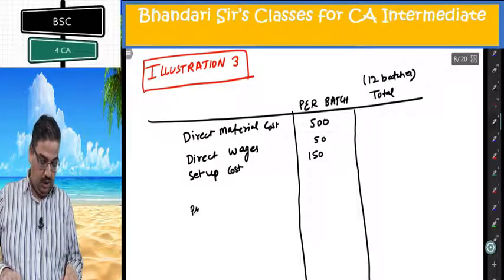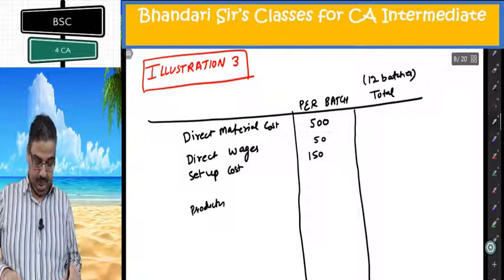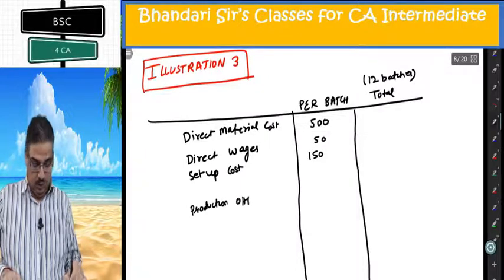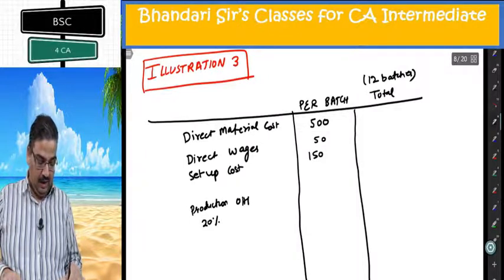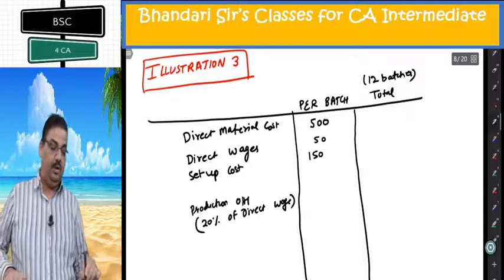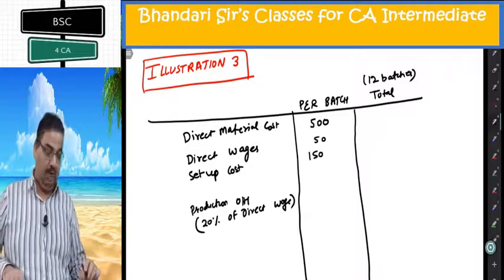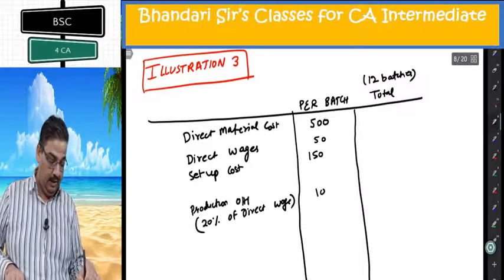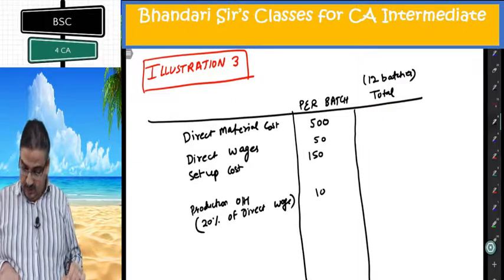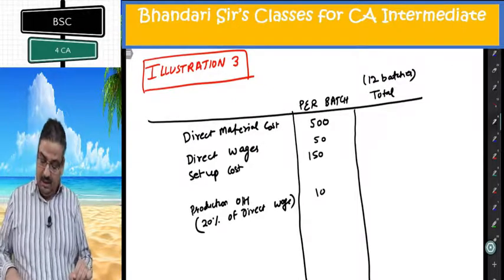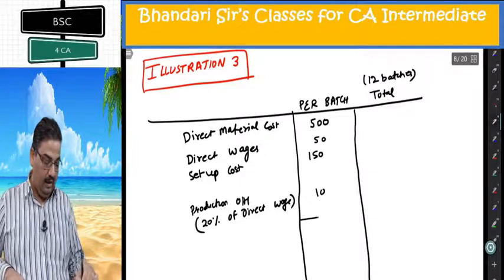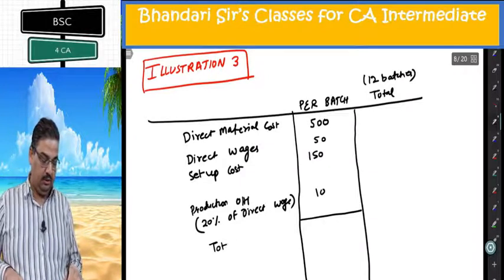There is production overhead, 20% of direct wage cost. So direct wage per batch was 50, 20% of that will be 10. 10% is added to total production cost. Now if you add till this, I'll get total production cost.